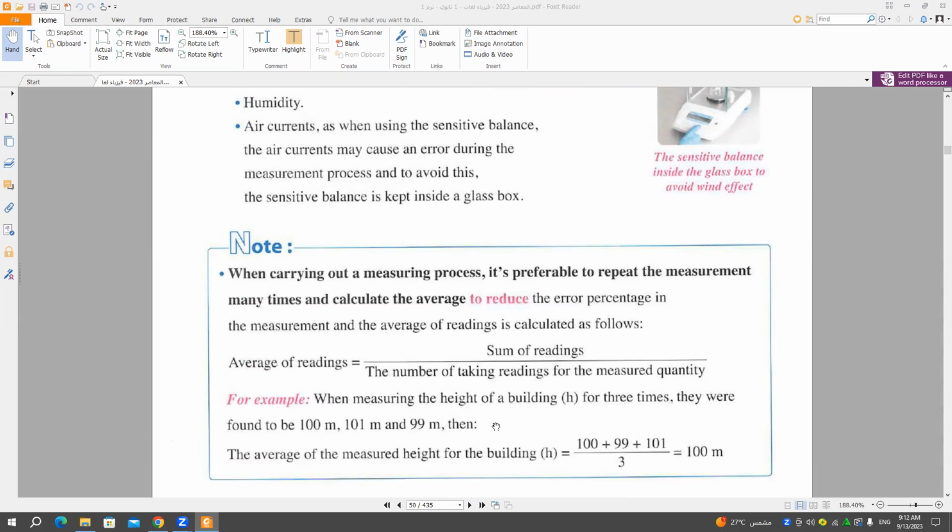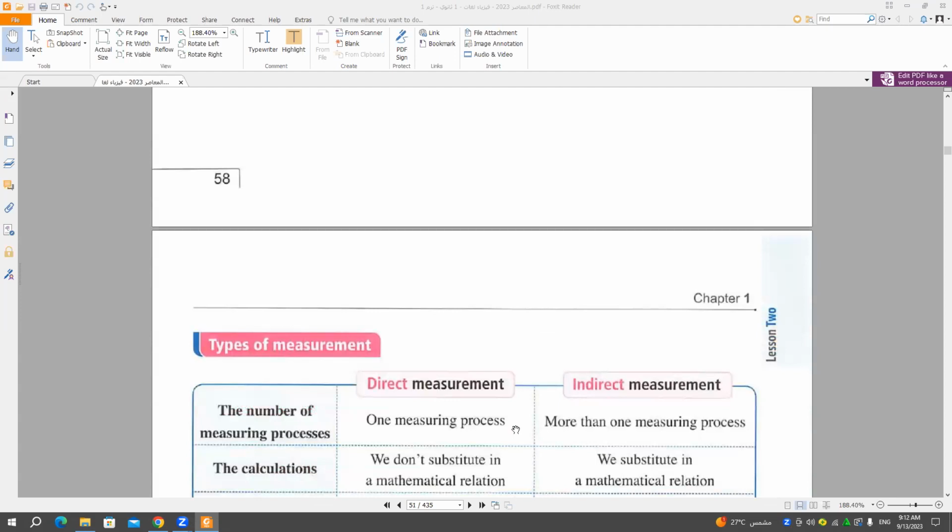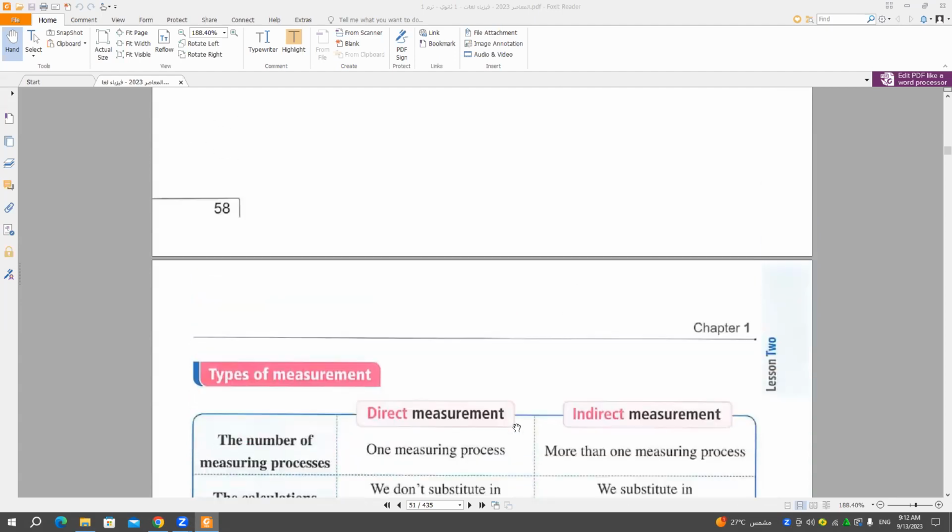If you want to measure the height of a building, for example, measure it 3 times, add these quantities and divide by 3, and you will get the most accurate reading.